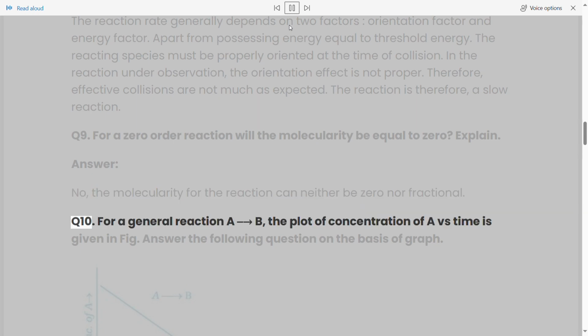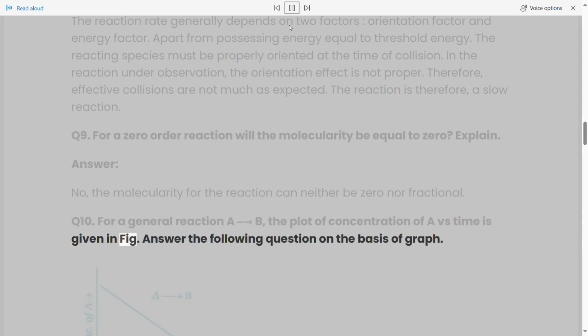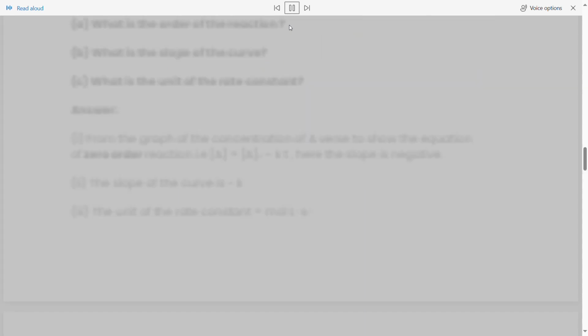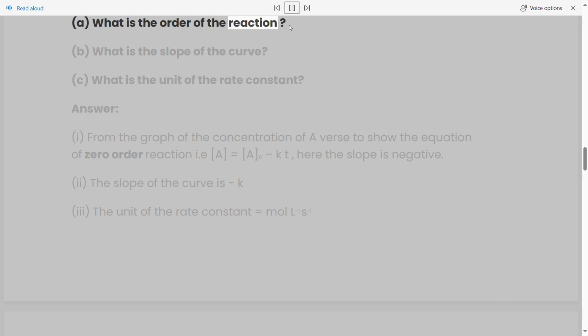Q10. For a general reaction A to B, the plot of concentration of A versus time is given in the figure. Answer the following questions on the basis of the graph. 1. What is the order of the reaction? 2. What is the slope of the curve? 3. What is the unit of the rate constant? Answer. 1.